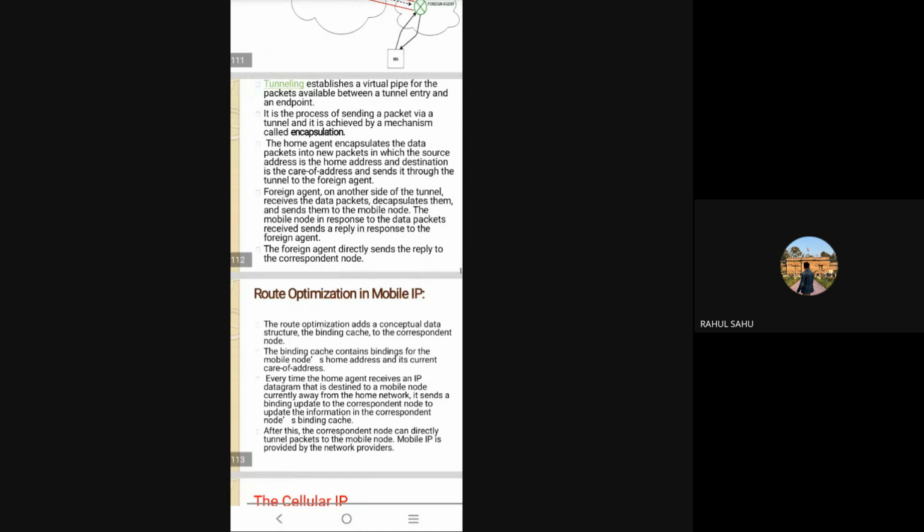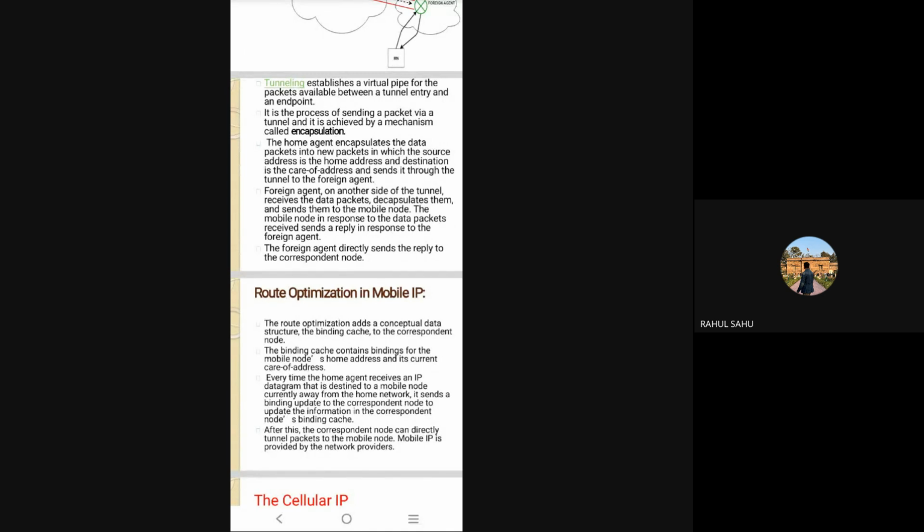The home agent encapsulates the data packet into a new packet in which the source address is the home address and the destination is the care of address, and sends it through the tunnel to the foreign agent. The foreign agent on the other side of the tunnel receives the data packets, decapsulates them, and sends them to the mobile node.